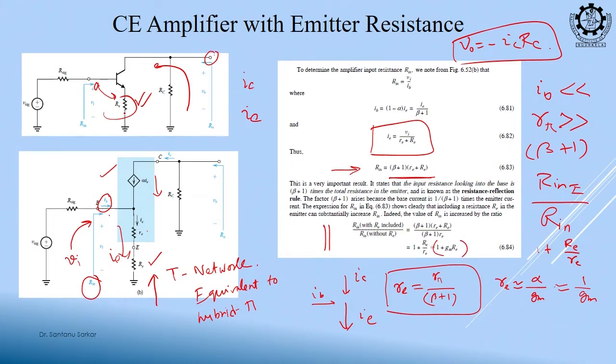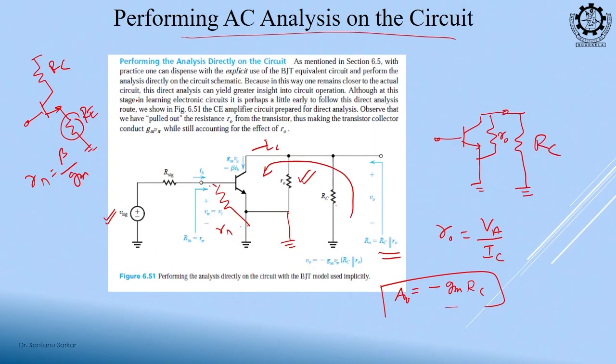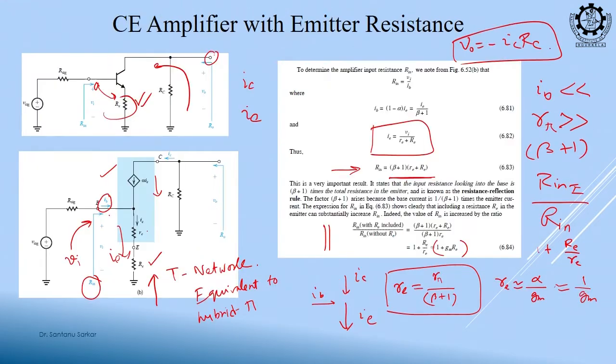So, this resistance is offering me more input impedance, right. If capital RE is not there, what you see is R pi, which is roughly beta times small RE. Now, if you put this RE, you will be seeing this resistance extra, 1 plus GM RE times. Okay. Getting my point?